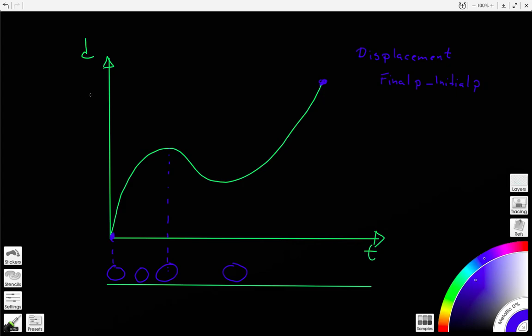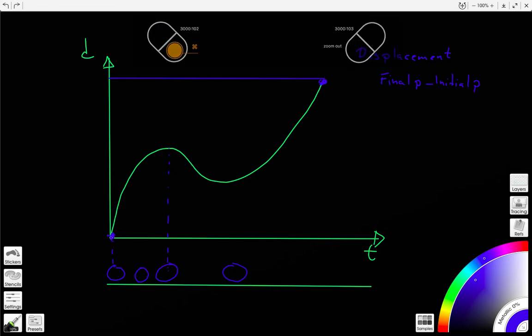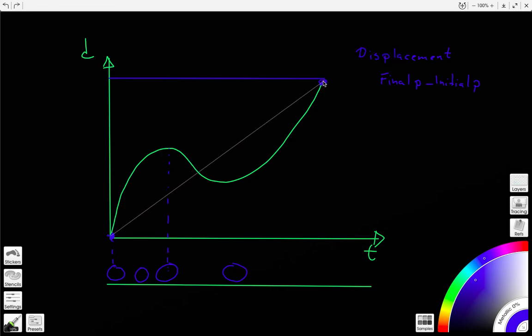So my displacement would be the difference between this point and this point, correct? And therefore my displacement vector will be this one. Sorry, let's draw a straight line. It would be that one right here. This is how much I moved. This is my displacement vector. There we go. The vector.